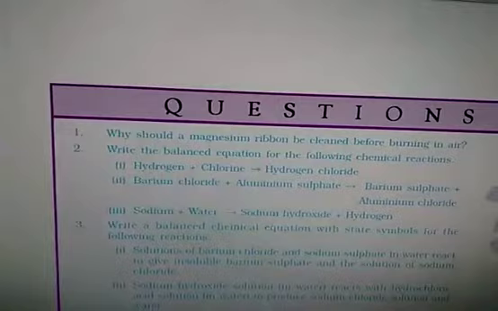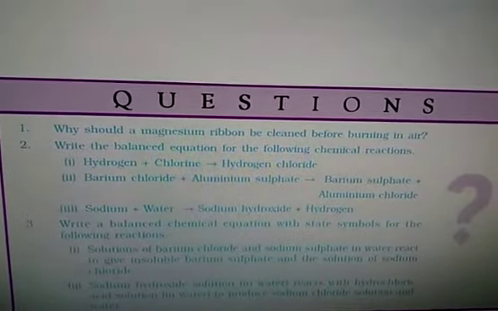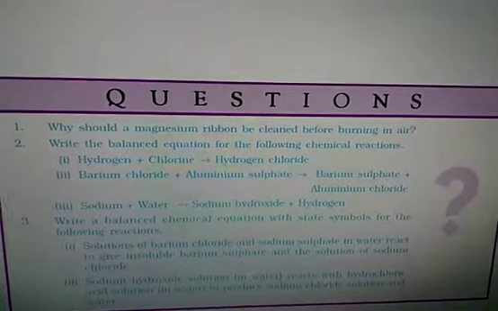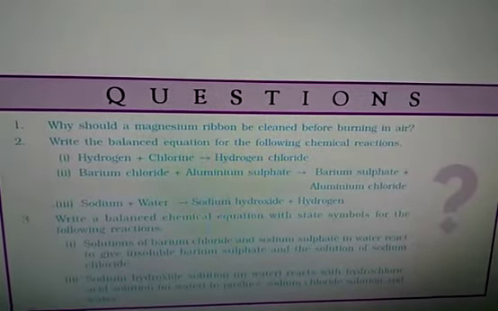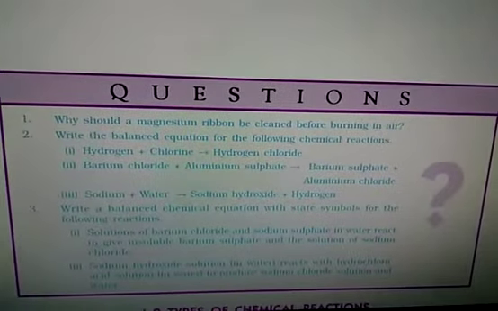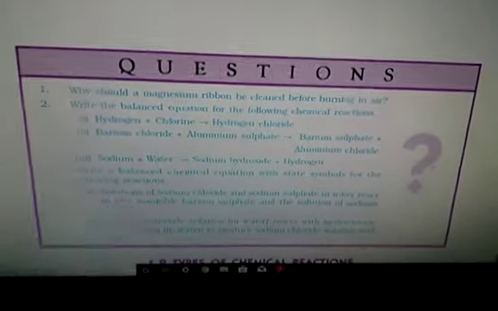Our next reaction word equation is: barium chloride reacts with aluminium sulfate and changes into barium sulfate plus aluminium chloride. First we convert this word equation into the chemical skeletal equation.